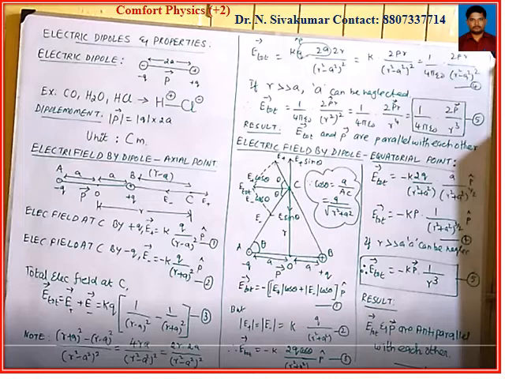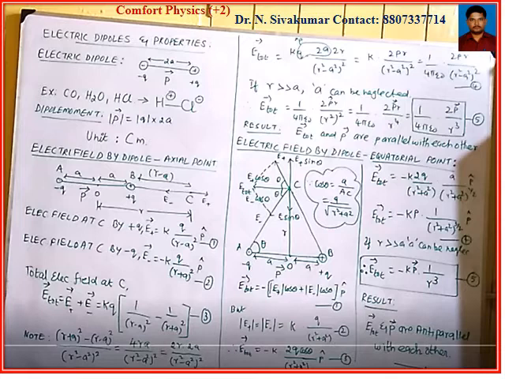Again, if you are considering the point C is far away from the dipole system, that is r is very much greater when compared to a, this a can be neglected. Therefore, E total is equal to minus kp into 1 by r cube, that is r square whole power 3 by 2. This 2 will be cancelled, so only r cube. So 1 by r cube.